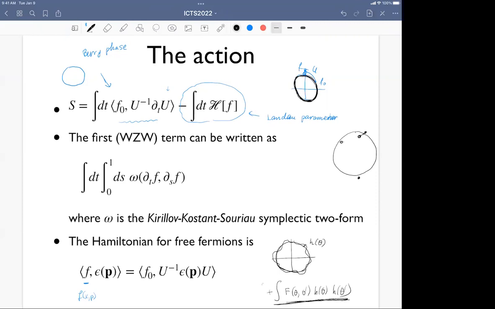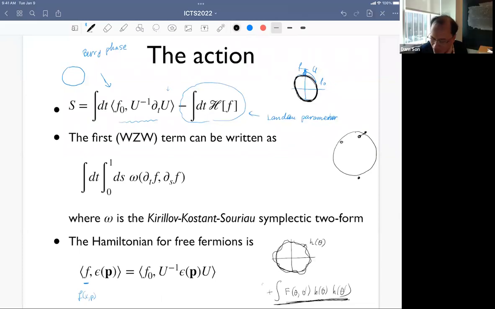But normally these things, as you said, depend on x as well, right? Yeah. So you might have thought that this f can also depend on x and x prime, but since we assume that the interaction is short range, everything should be local in x.